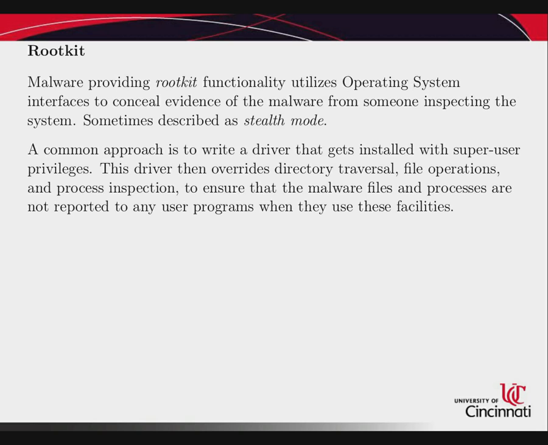Under the hood, there's a whole bunch of Windows API calls being made to go into those folders and list the contents of those folders. A driver that's written as a rootkit can actually replace that call with the rootkit's call that'll go through and say, oh, is this a folder that I live in? If it is, then I'll make sure that the explorer.exe process that asked for the contents of this folder gets all the contents except for me, the malware file.